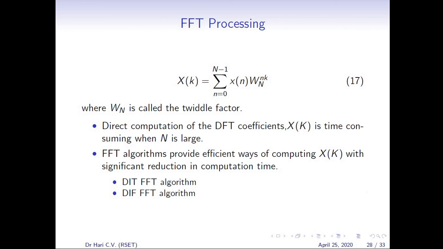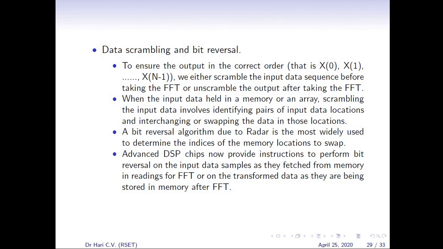Decimation in time or DIT, decimation in frequency or DIF. Now the data scrambling and bit reversal to ensure the output in the correct order, that is X of 0, X of 1 up to X of N minus 1. We either scramble the input data sequence before taking the FFT or unscramble the output after taking the FFT. When the input data is held in a memory or in an array, scrambling the input data involves identifying pairs of input data locations and interchanging or swapping the data in those locations.